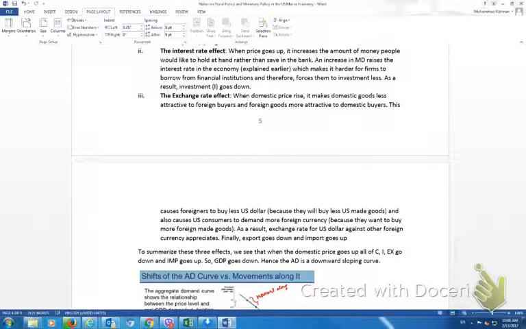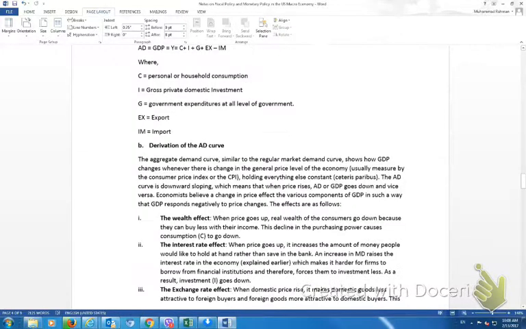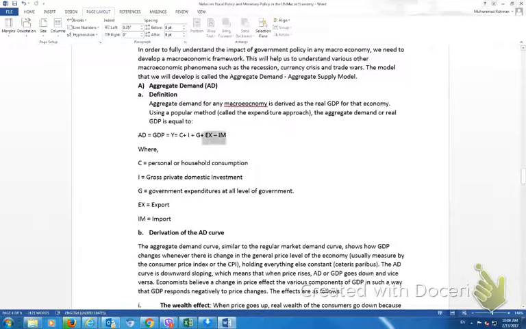When you combine these three effects, the wealth effect, the interest rate effect, and the exchange rate effect, and go back to the definition of the GDP or aggregate demand, you can see clearly that on the right hand side, an increase in price causes consumption to go down, investment to go down, exports to go down, and imports to go up, which means that whenever price goes up, aggregate demand goes down.